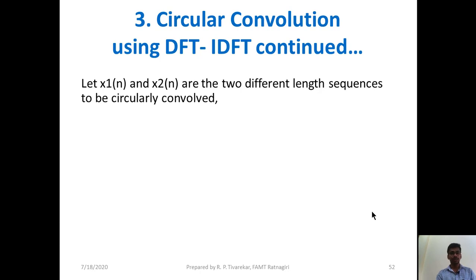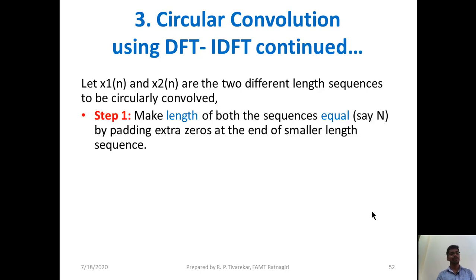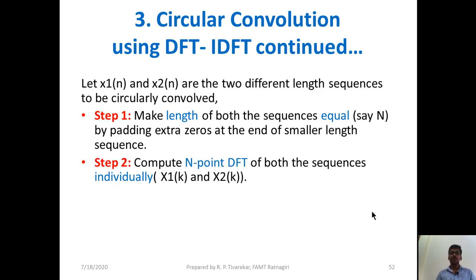So, two different length sequences. First, make the length of both the sequences equal by padding extra zeros at the end of the smaller length sequence, so that it becomes the same length as the other, longer sequence. Then in the second step, you compute the N-point DFT of the first sequence and the N-point DFT of the second sequence individually. Let's call them capital X1 of k and capital X2 of k.